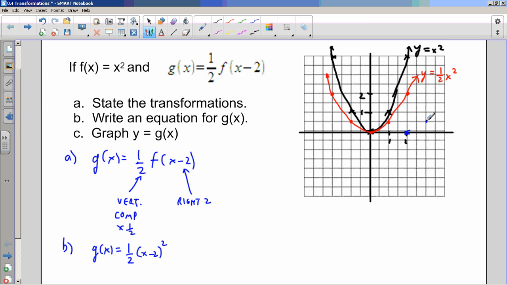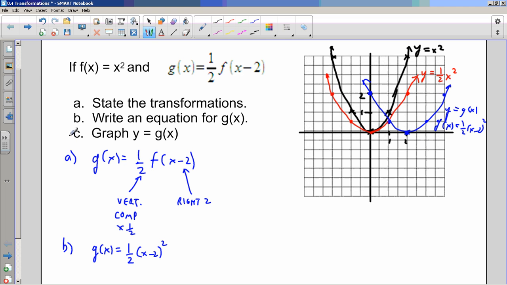Over 1, up a half, over 1, up 1.5. And either way, I'm still going to get the same graph. Move all the nice points over 2, and I get the same squished parabola. And there's my end graph, y equals g at x, or I could label it with its equation, a half x minus 2 squared.